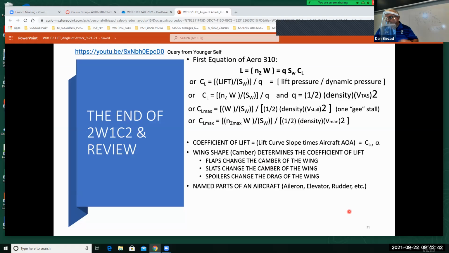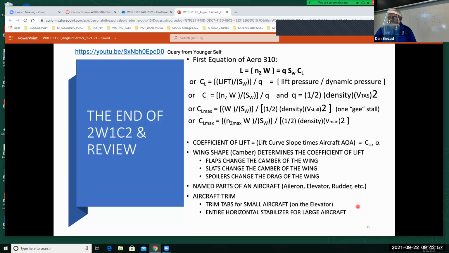The parts of the airplane we talked about were aileron, rudder, elevator, horizontal stabilizer, vertical stabilizer, flaps, slats, speed brakes, and aircraft trim. And we saw that there are at least three ways to get trim.